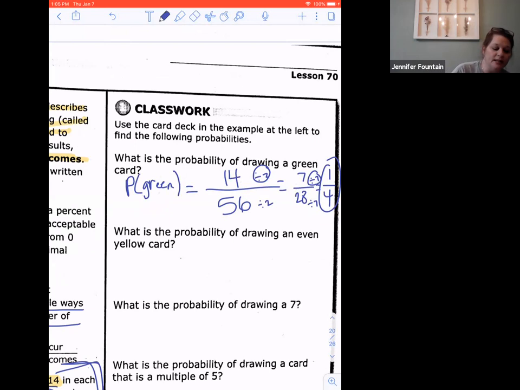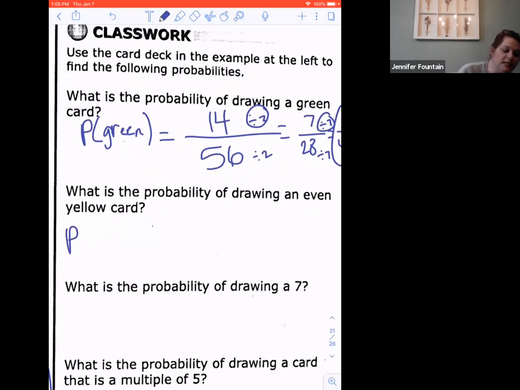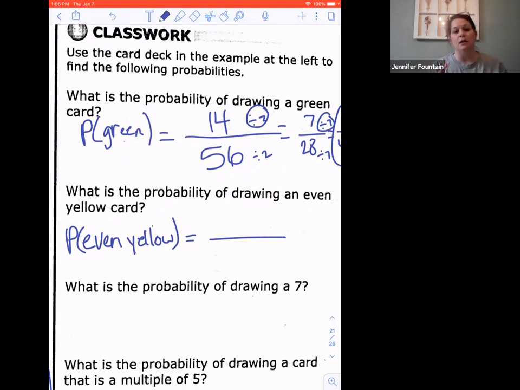All righty. Now our next one, it says, what is the probability of drawing an even yellow card? All right, so let's think. If I'm numbered from 1 to 14, how many of those cards have even numbers on them? So 2, 4, 6, 8, 10, 12, 14. So I have 7 chances of getting an even yellow.